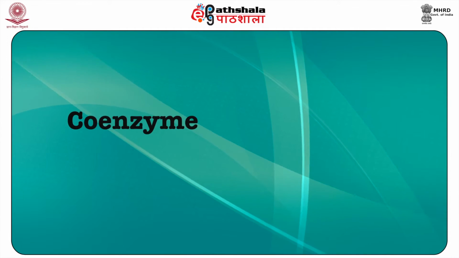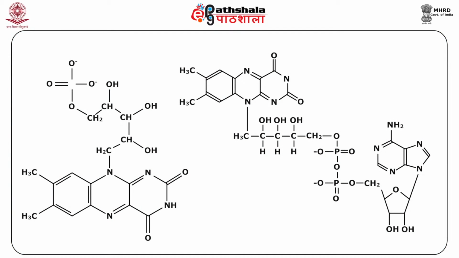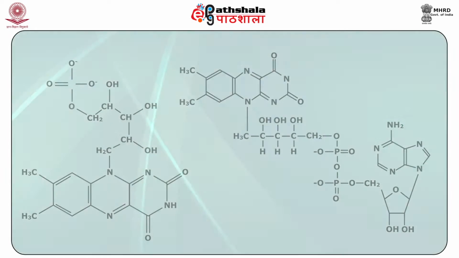Now let us talk about coenzymes FMN and FAD. Flavin nucleotides are derived from vitamin B2, also known as riboflavin, and are actively involved in hydrogen transfer reactions. Shown here in the figure is the structure of FAD and FMN. Riboflavin is a 6,7-dimethyl isoalloxazine bound to ribitol, the alcohol of the sugar ribose.